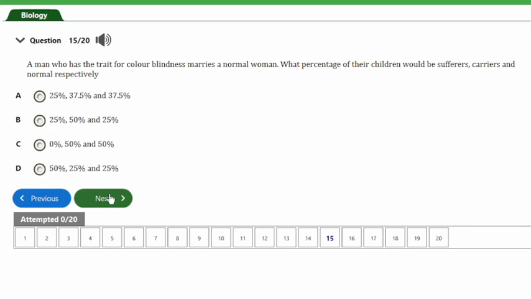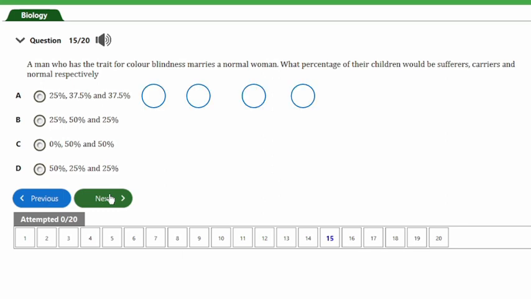So let's use color blindness as homozygous recessive c, that's small c, and then let's use the normal person to be homozygous dominant C, that's capital C, and then let's use having the trait. Of course, we know that having the trait will be a heterozygous C, and that's capital C, small c.